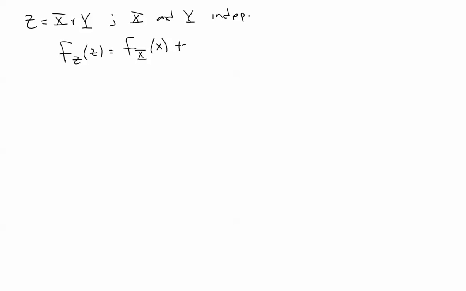So what we find, let's go to the next page. z equals x plus y, x and y independent. What I find is that if random variable z is the sum of two statistically independent random variables, the probability density function for z is the convolution of the PDFs for x and y.